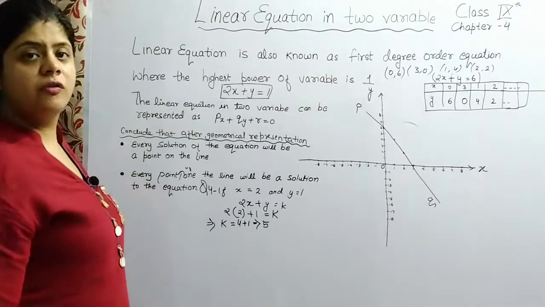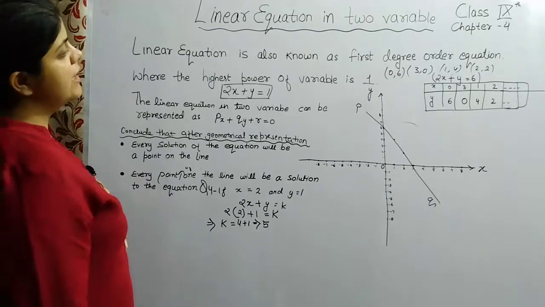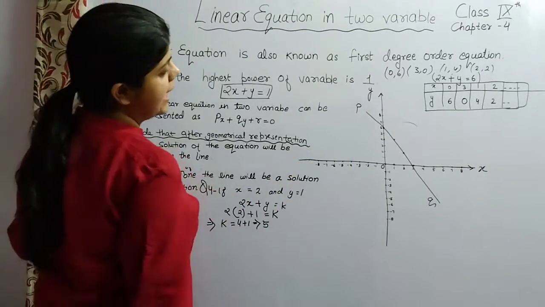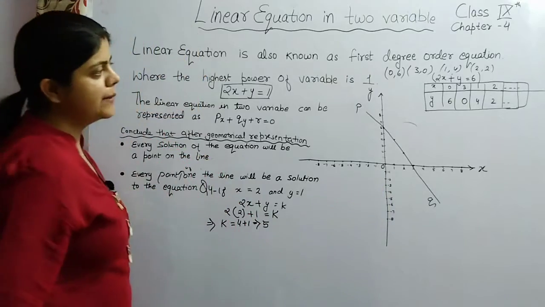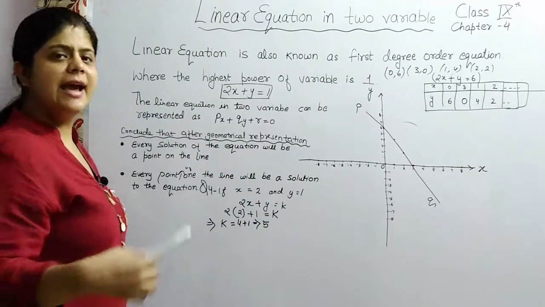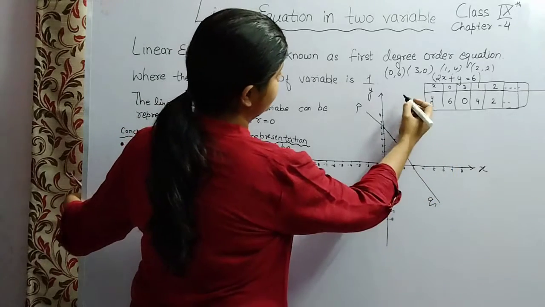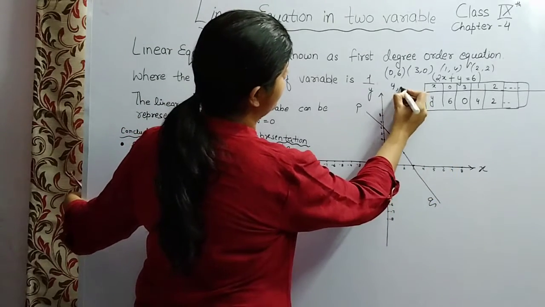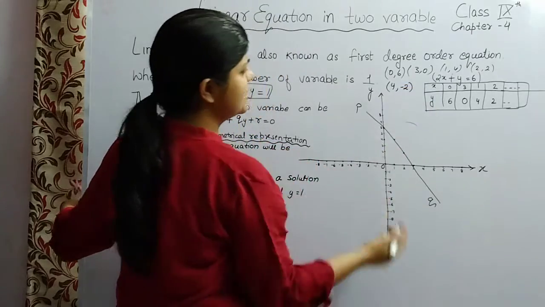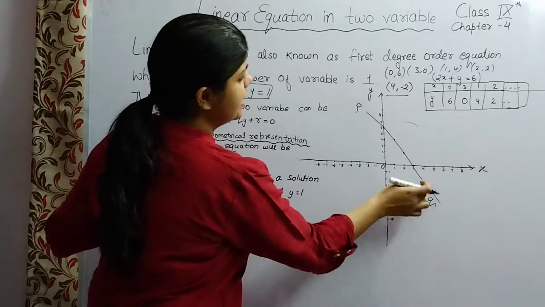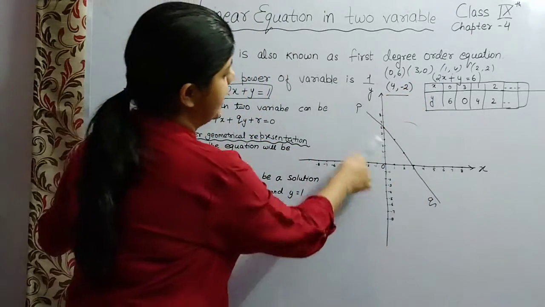The value of k is 5. We are saying that all the points lie on the same line. If we take another point which lies on this line, we can take 4 comma minus 2. Let us assume this point lies on this PQ line.